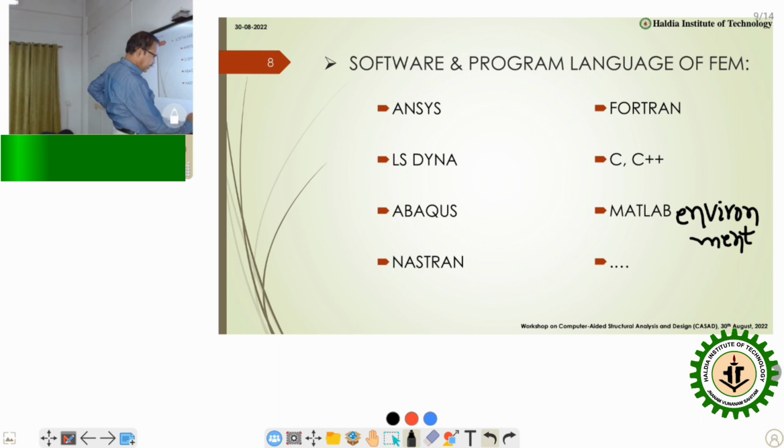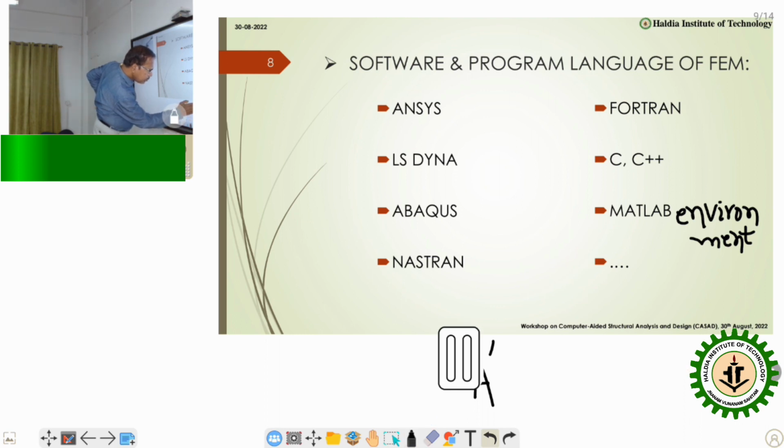suppose the matrix is A. If someone just gives a dash like a thing here, then it makes it independent.